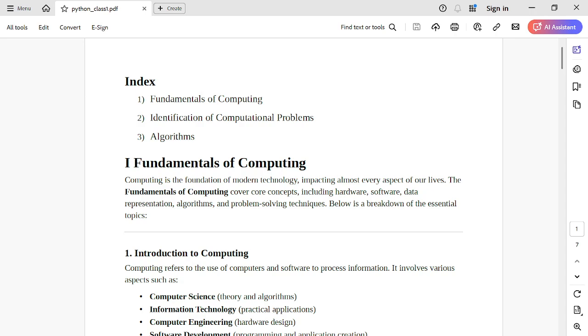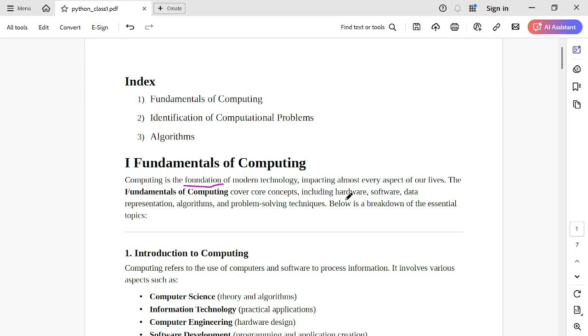The first one is fundamentals of computing. Computing is the foundation of modern technology, and it impacts almost every aspect of our life. The fundamentals of computing cover core concepts including hardware, software, data representation, algorithms, and problem solving techniques.